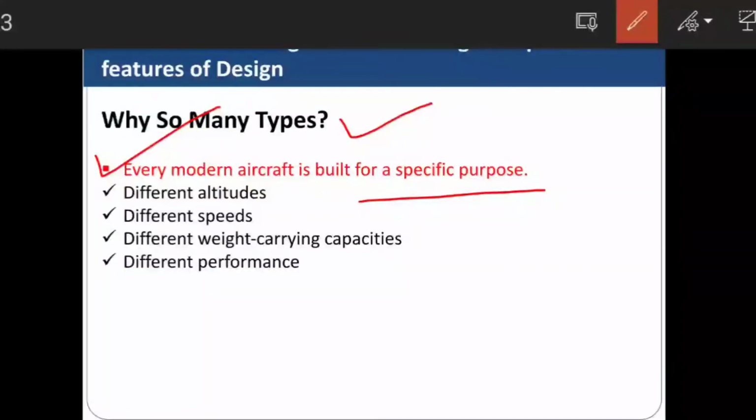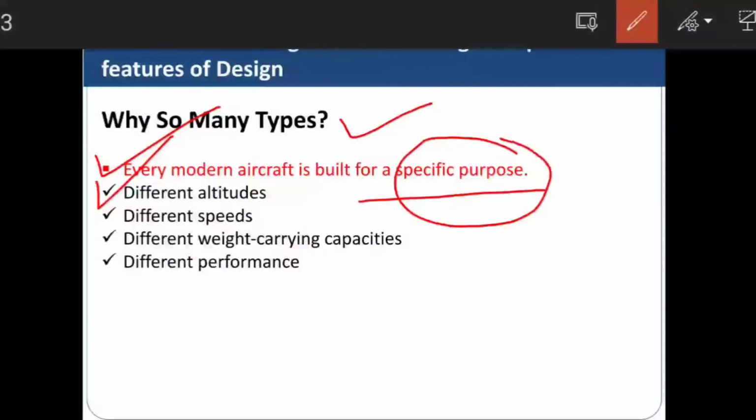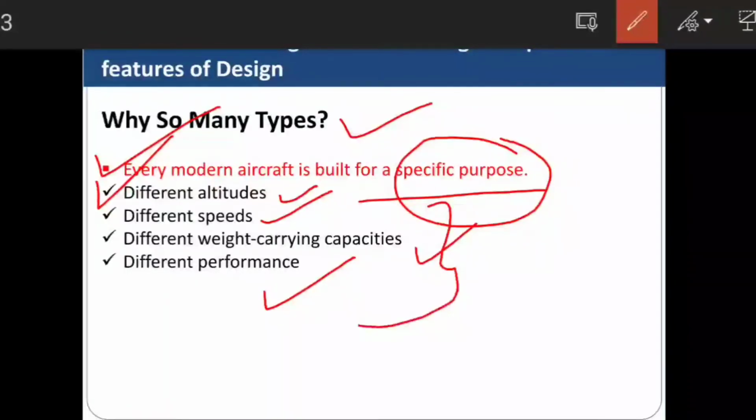Students always forget to give the proper answer. So this is the reason: the purpose is defined by different altitudes, different speeds, different weight carrying capacities and different performance. These parameters decide the purpose of the aircraft.